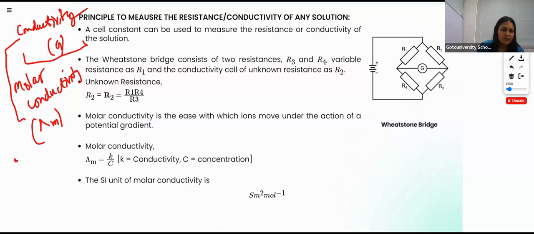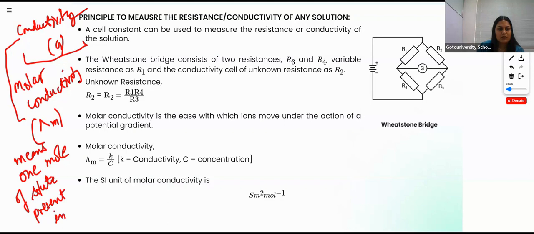Molar conductivity means 1 mole of solute present in the solution. Or the molar conductivity of a solution means that the solution is of 1 molar concentration. Say if we are preparing a dilute solution, the molar conductance for a 1 molar solution will be, as we discussed in our previous sessions, 1 ml of solute and the rest will be the solvent.